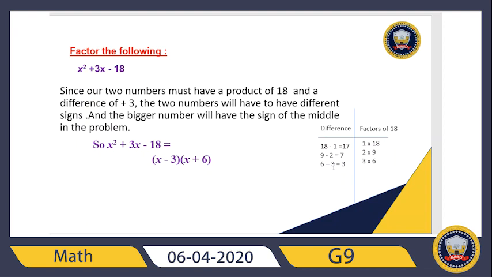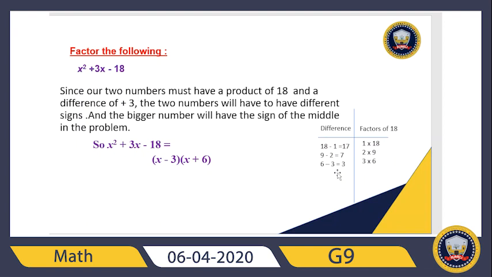Which number is going to be beside the negative number and which number is going to be beside the positive number? As we say, the bigger the winner. The sign beside the 3 is plus, so the bigger number will take this sign.